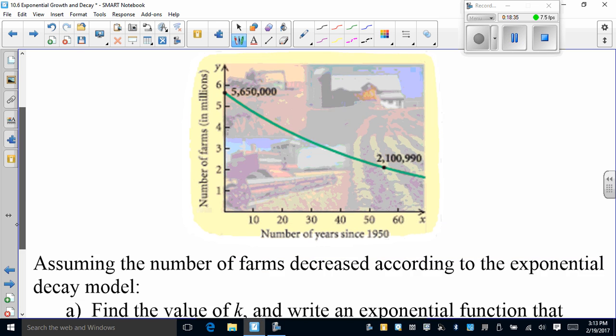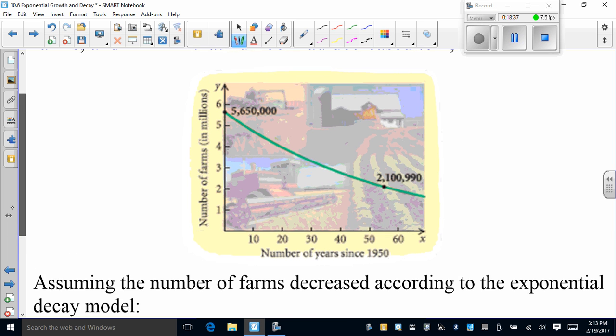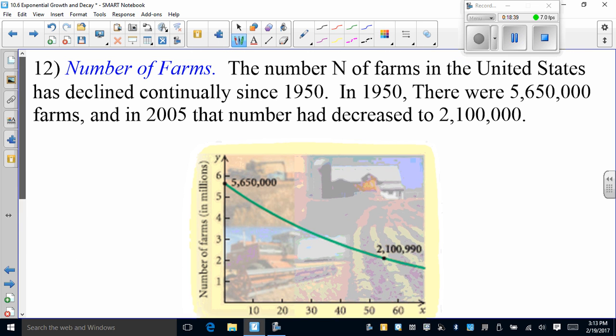So P sub naught is equal to 5.65 million. P at 55, because that's our time, is 2.1 million. T equals 55.